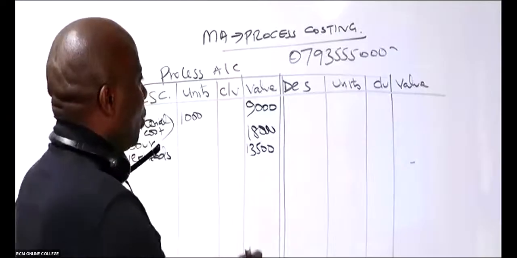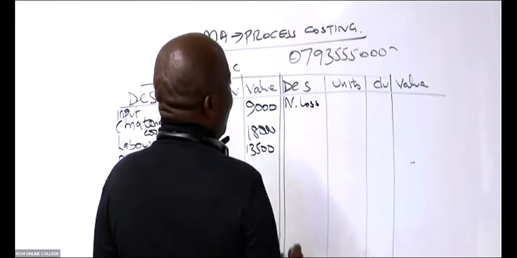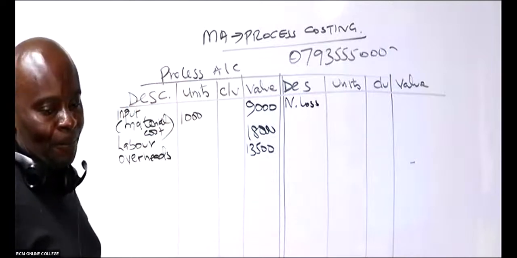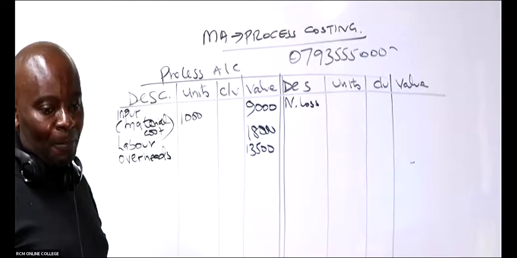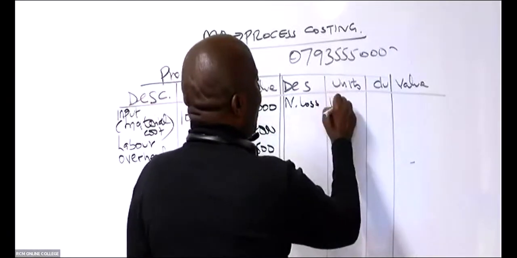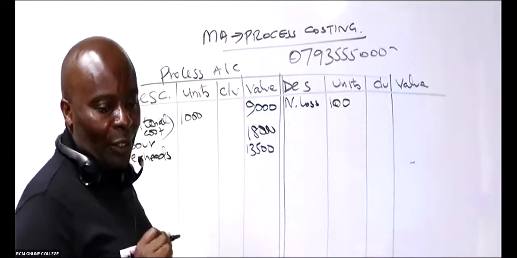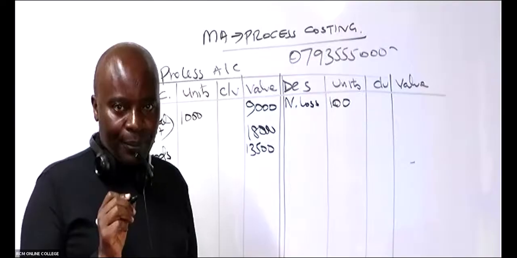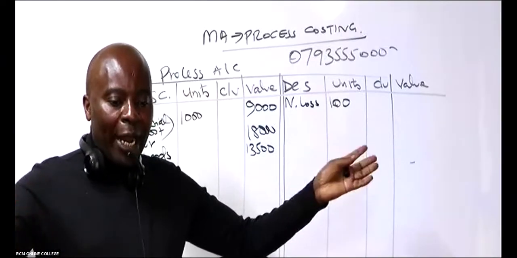And then we have normal loss. Are you able to remember the normal loss units? 100. What do we normally do with normal loss units? We scrap them, sell them at a throwaway price.